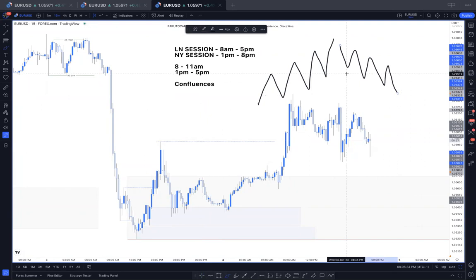Number two, you must understand supply and demand. You must be able to understand, okay, where's my point of interest? Now, the market has broken this previous high. Where should I draw my POI? Where is the market likely to respond to, and all of that? So you must be able to understand that. And then, of course, you must be able to look for other additional confluences for you to trade.